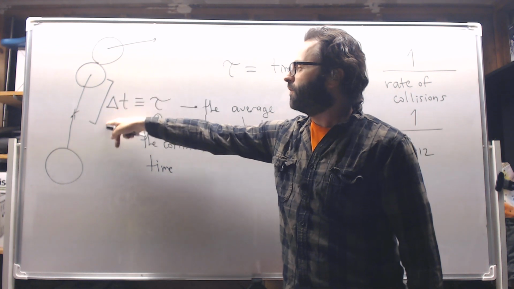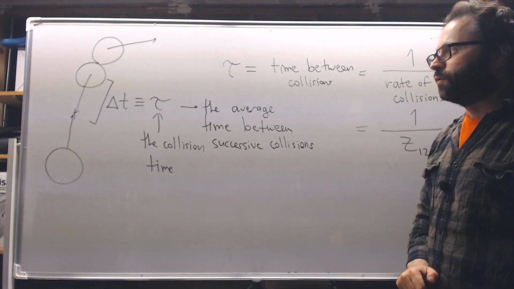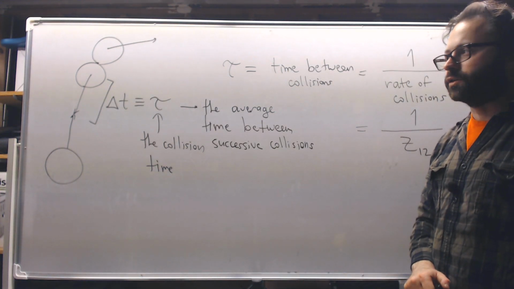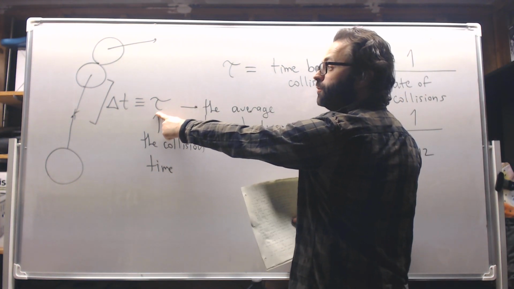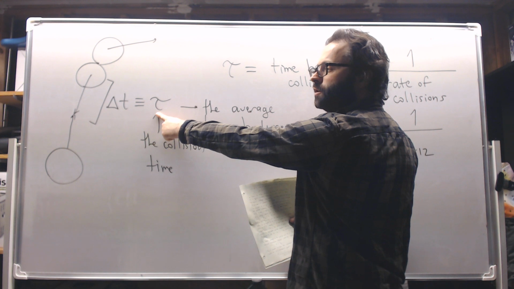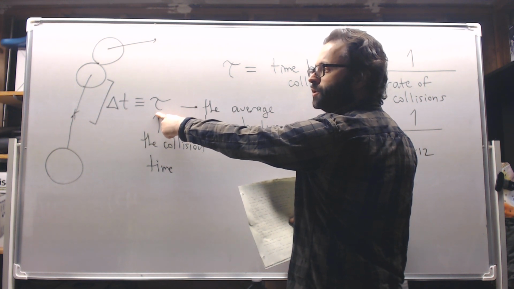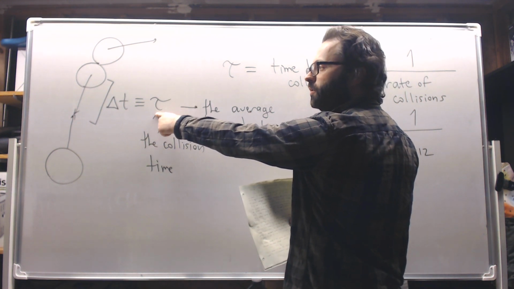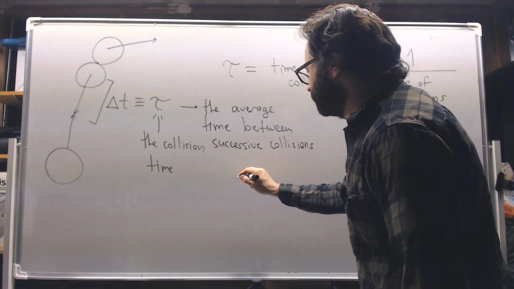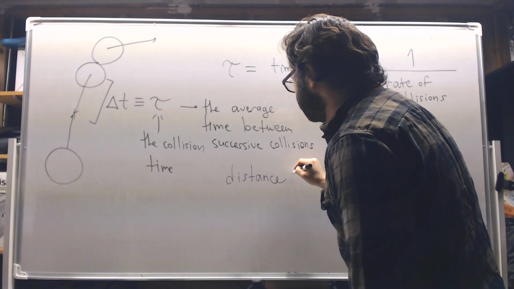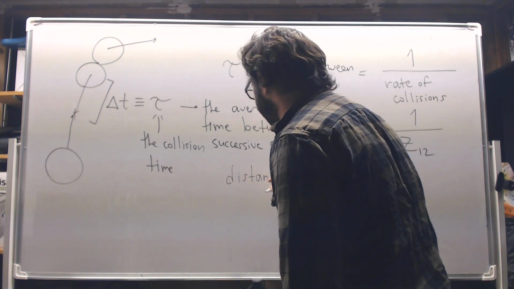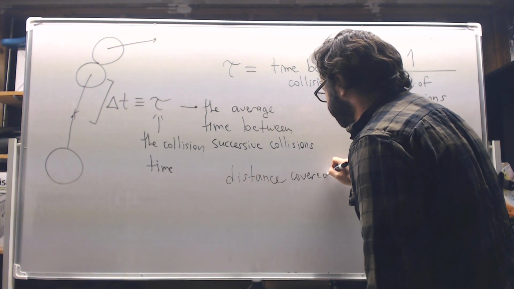How long or how far does the molecule travel before it hits somebody else between collisions? If the molecule travels a time tau on average between collisions, what distance does it cover if the temperature is T and the mass of the particle is m? Well, the distance that the particle covers, or average distance, actually I shouldn't say average, it's already average by design.